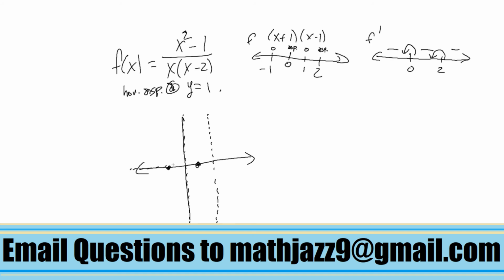We know we have a horizontal asymptote at y equals 1. Here's our horizontal asymptote. And this thing is decreasing always. So that means that we're going to come from our asymptote, go down to our other asymptote, because we are decreasing. We're going to start up at this asymptote, come down, cross through this point. Oh, I guess that was another thing. We come from this asymptote, we have to hit our 0 there, and then go down to our asymptote. We come down from this asymptote, hit our 0 there, go down to that asymptote.